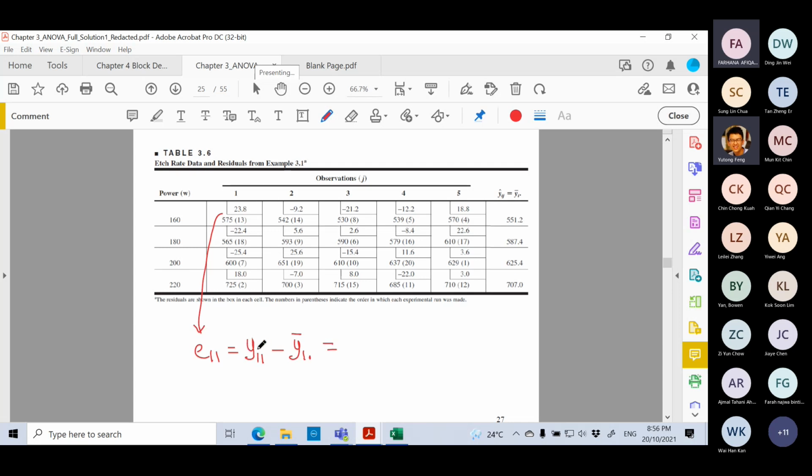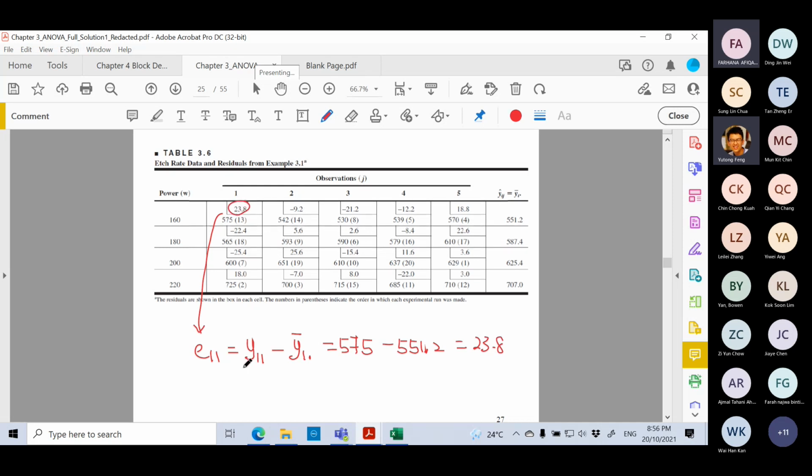Y11, the observation for the first one, is 575, as you can see from here, minus Y bar 1 dot, the mean for the first row, which is 551.2. So you get the residue 575 minus 551.2, which is 23.8.